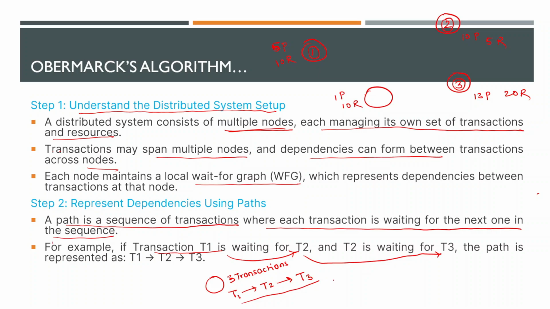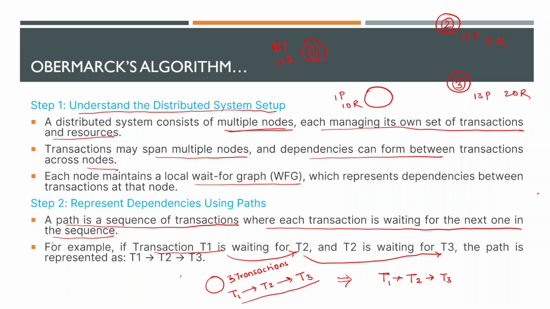We have seen this similar type of dependency when we studied wait for graph or when we studied resource allocation graph. Now if these transactions are dependent on each other, we can represent it with the help of the path, that is T1 is dependent on T2, T2 is dependent on T3.